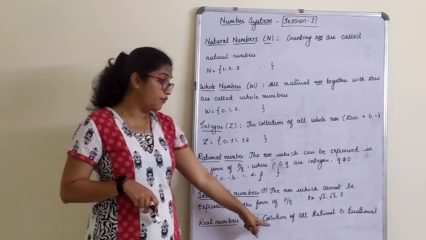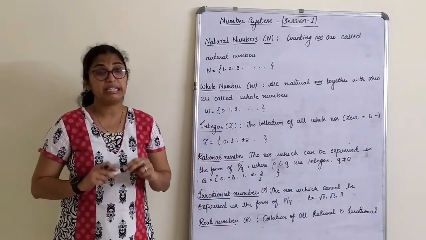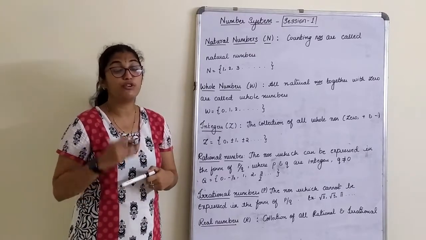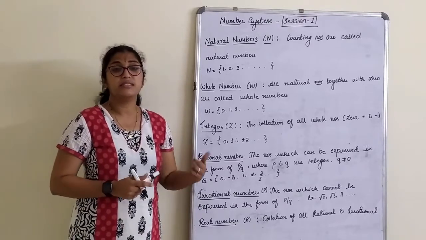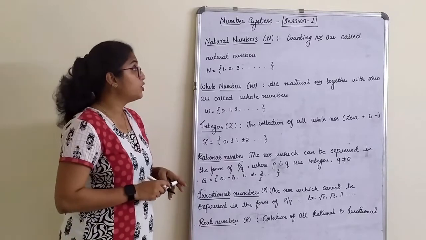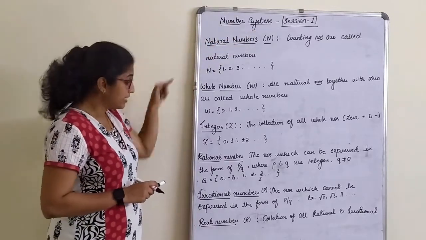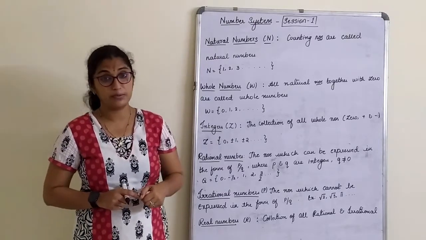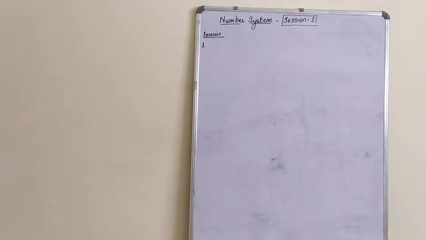So, the collection of all rational and irrational numbers is called real numbers. These are the basic terms you have to know before we start the exercise of this lesson, number system. This is the basic introduction to the lesson. I want you all to write the lesson heading, Number System, write down these points in your book and we'll begin with the exercise.